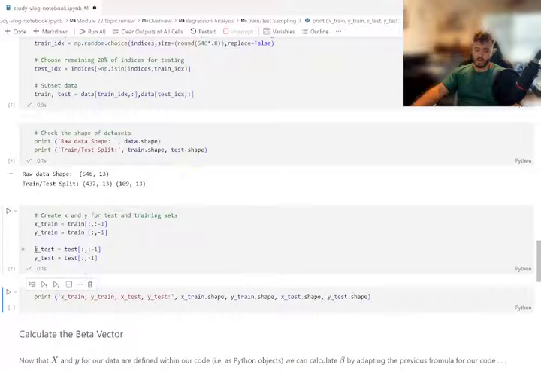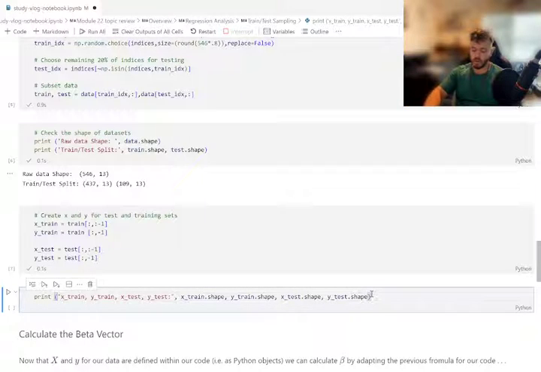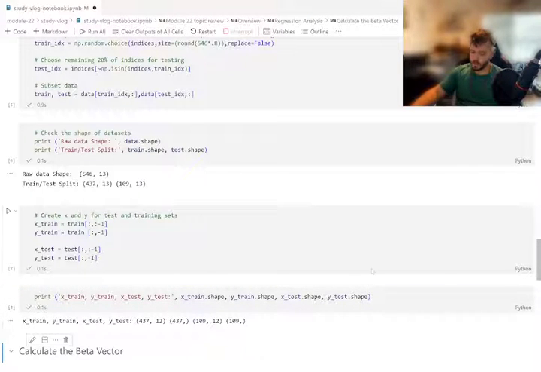So now we have X train and X test, which are matrices, so to speak, or arrays, however you want. In NumPy it's an array, in math it's a matrix. NumPy also has matrices too. Same thing. Anyway, X train and X test are matrices or arrays of data, and Y train and Y test are both vectors of data, and they've both been randomly sampled from the same population of data.